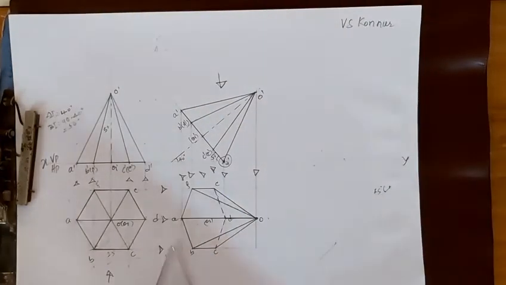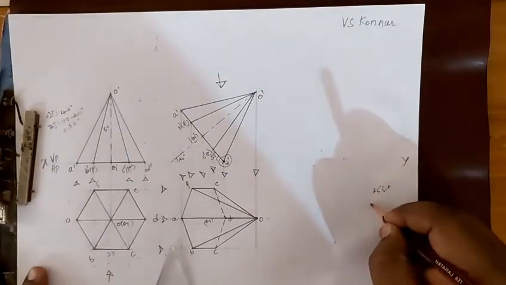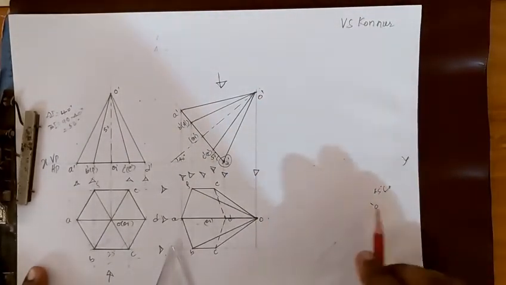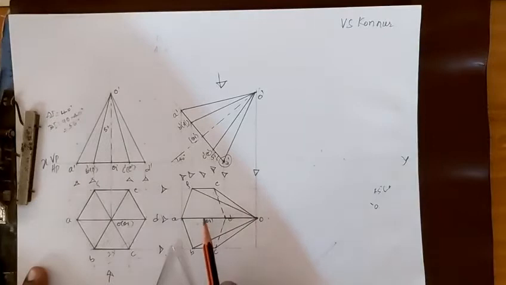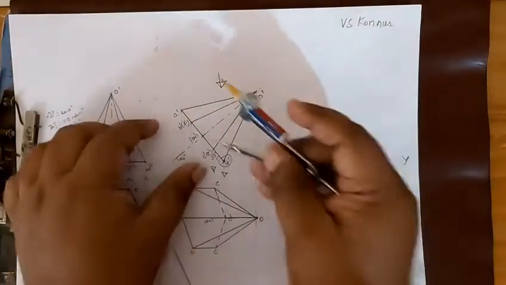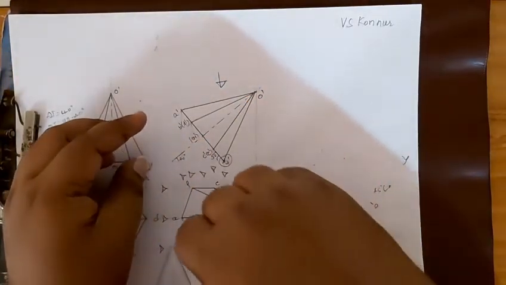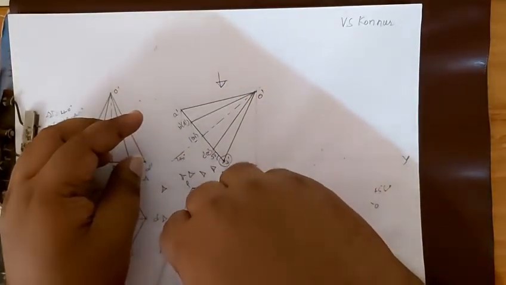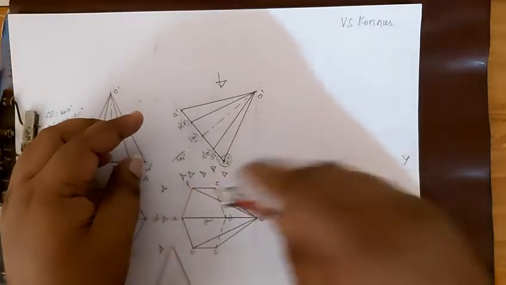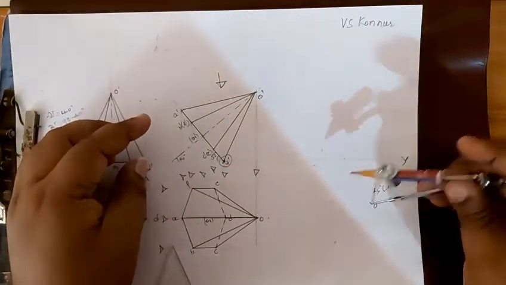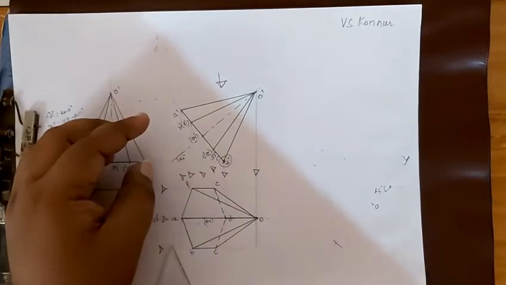Now we'll mark this O point here. This O point I have marked here, and we'll cut it by the OO1 distance. Here we get the O1 point.